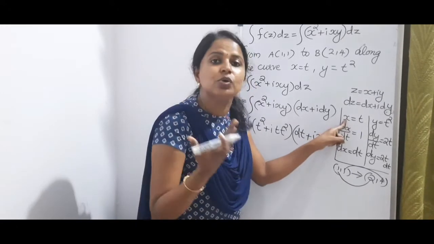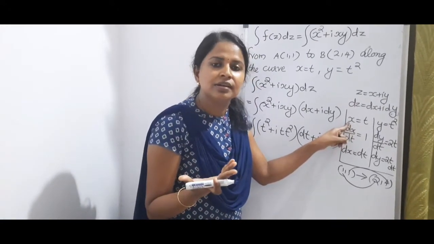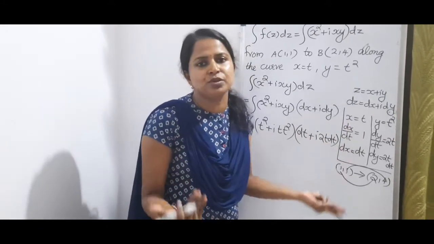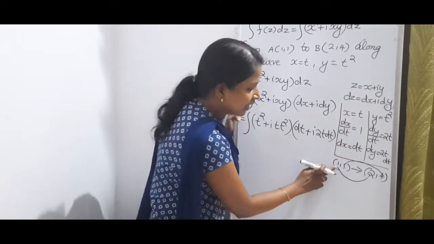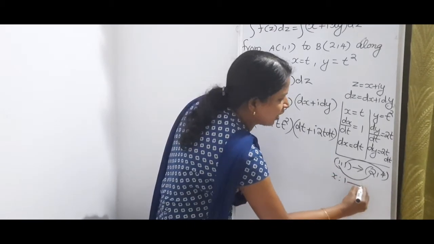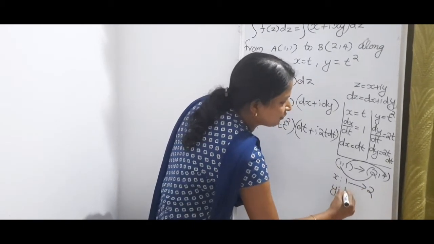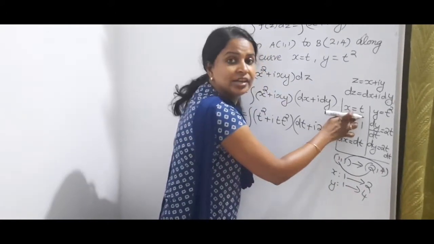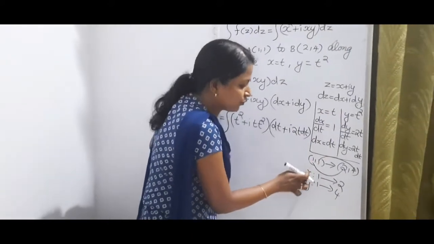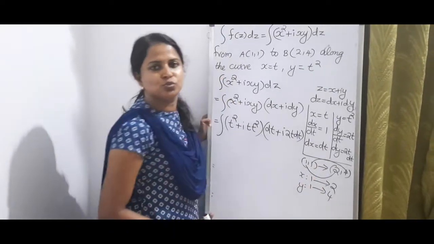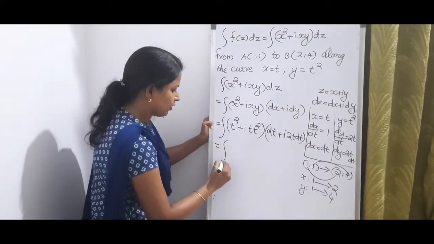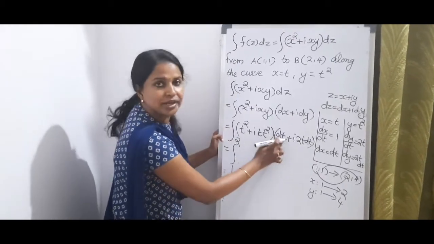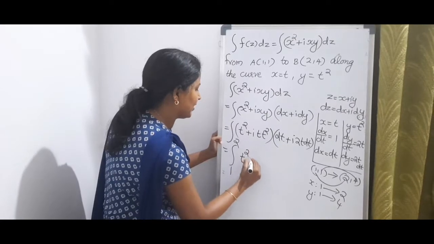Here x equal to t means x and t are the same, that is, the limit of x is the same as the limit of t. x varies from 1 to 2, so the limit of t is also 1 to 2. Substitute 1 to 2 and open the bracket: t square into dt.